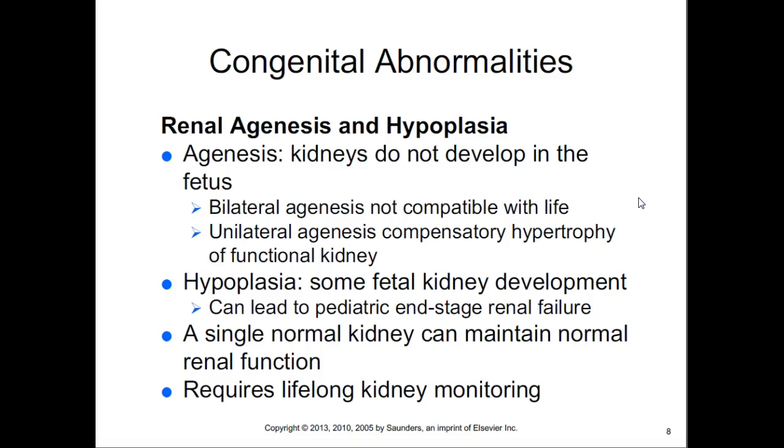Not having a functional kidney does not provide you with sufficient time in development to get a transplant, right? So unilateral agenesis, one-sided, can occur and can be seen, and usually will compensate with the functional kidney.